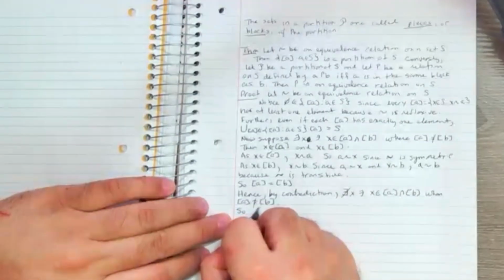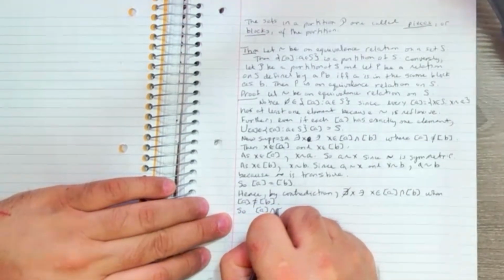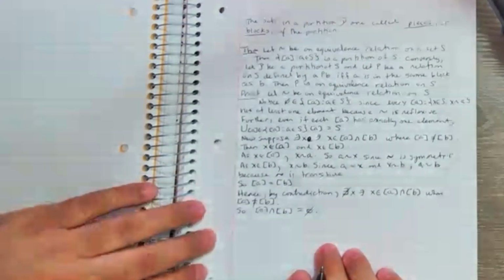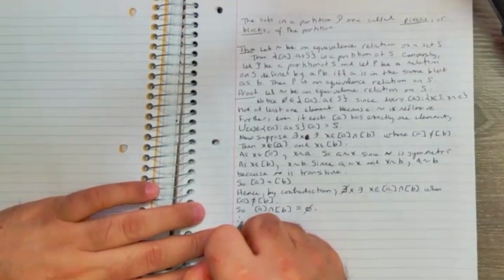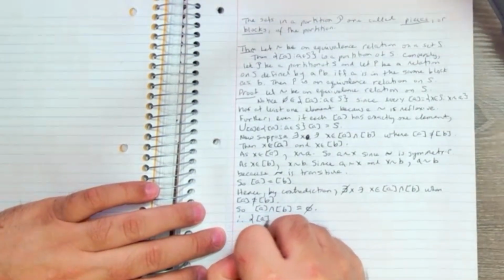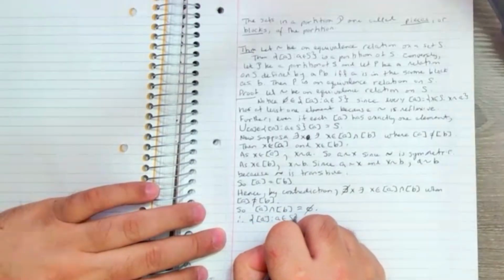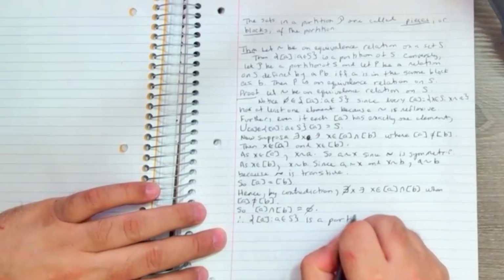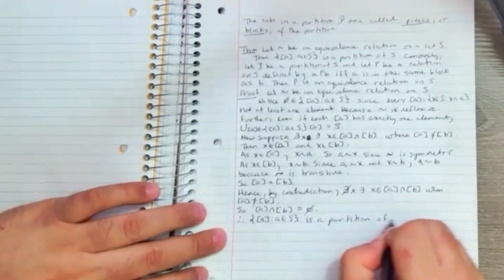So the intersection of these two equivalence classes is the empty set. They are disjoint. And therefore, the set of all equivalence classes for the elements in a set S is a partition of the set S.